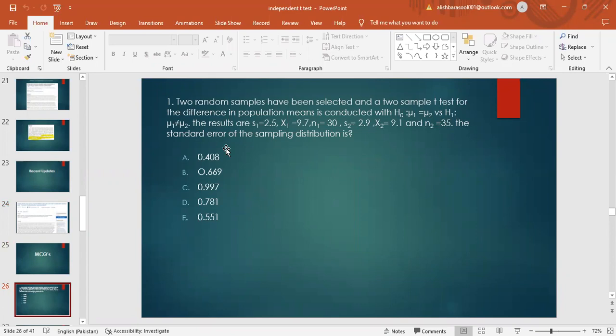The results are s1 = 2.5, x1 = 9.7, n1 = 30, s2 = 2.9, x2 = 9.1, and n2 = 35. The standard error of the sampling distribution is: 0.408, 0.669, 0.997, 0.781, or 0.551.